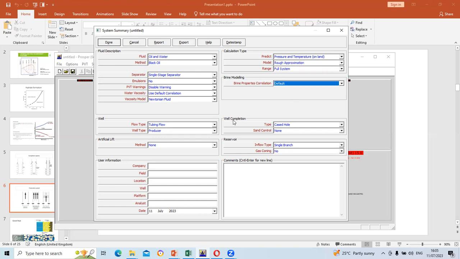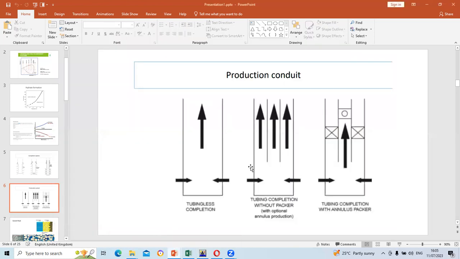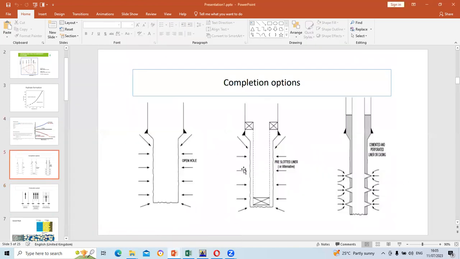Then we go now to well completion. For well completion, we have the well type. Under well type, we have cased and open well. So we'll go to our PowerPoint and take a little look at that. In this case, if you look at what we have here, this is our production zone, and this production zone has no casing.